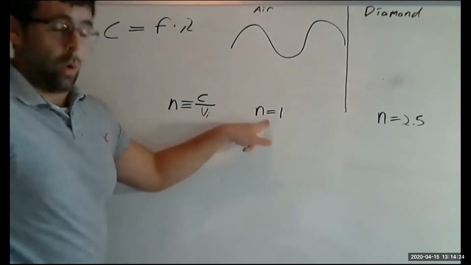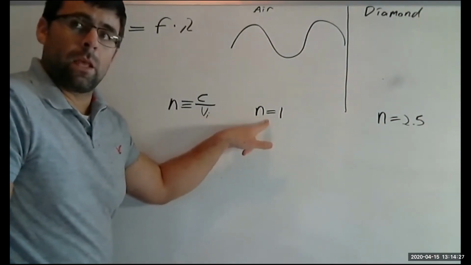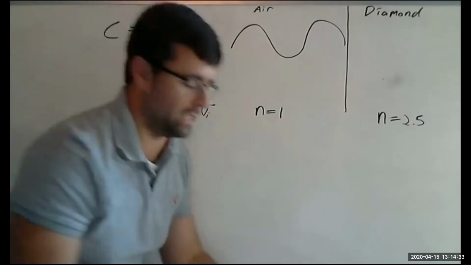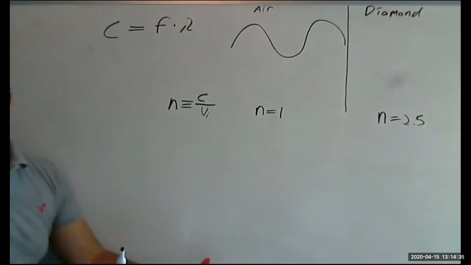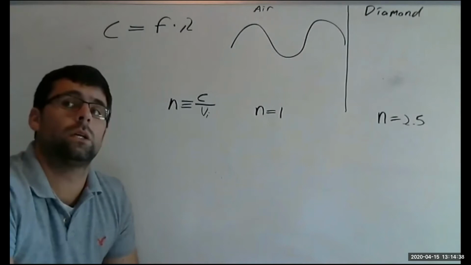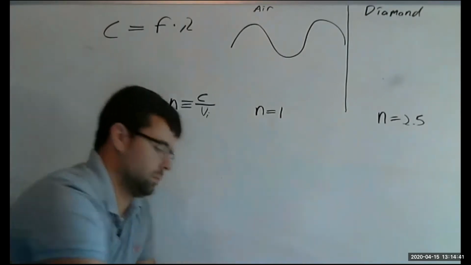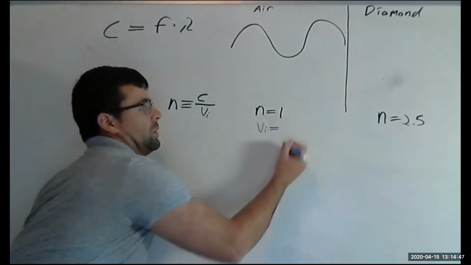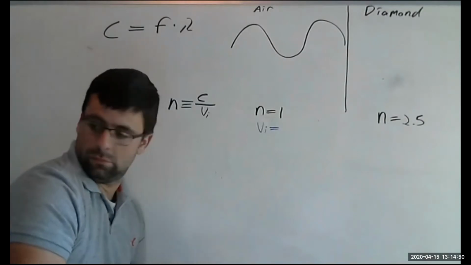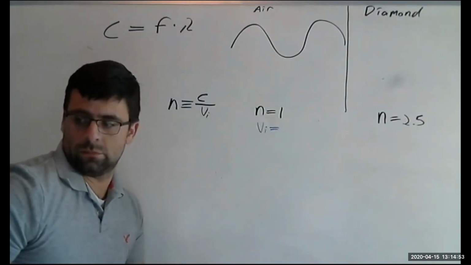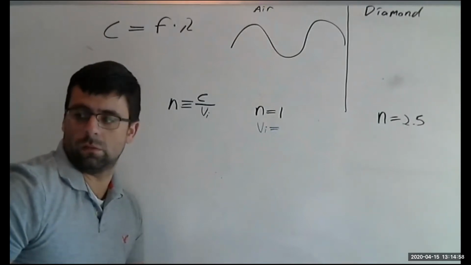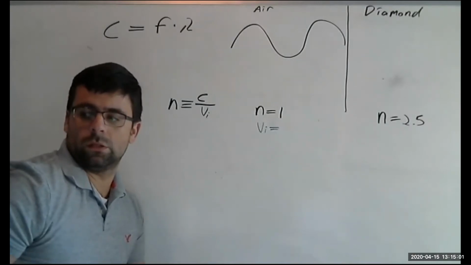So if n equals 1 in air, then what is the velocity of light in air? If n equals 1, v equals what? It's a very easy, simple question.